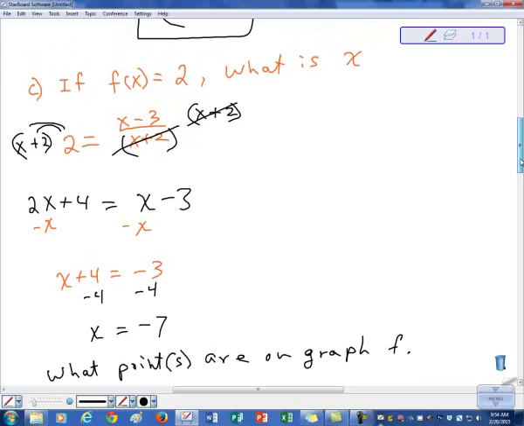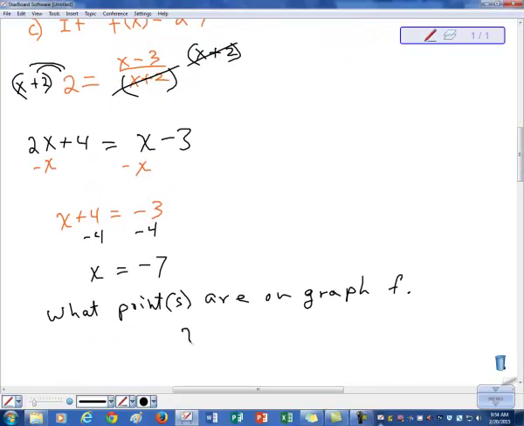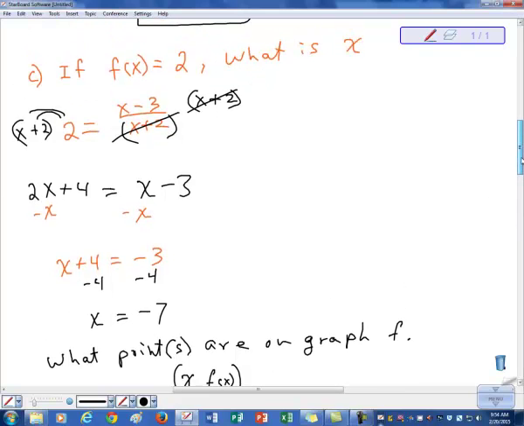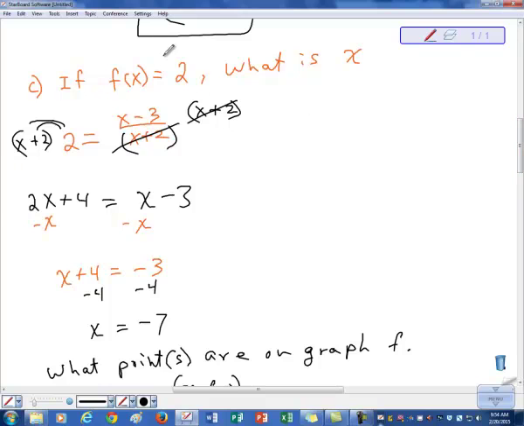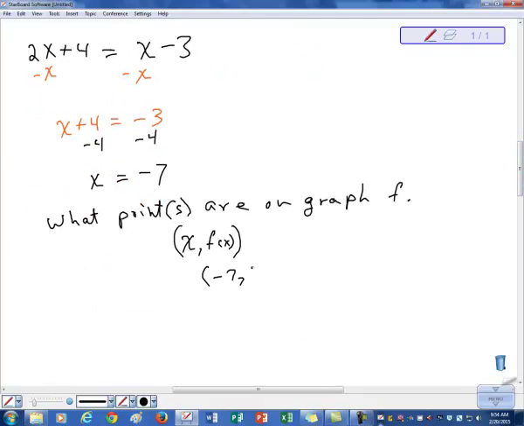You're looking at x and f of x again, right? Well, what was x? You should have said x is negative 7. And what is f of x? Well, f of x, that's what we started with. We substituted that in. F of x is 2. And so that is our answer for that part of the question.